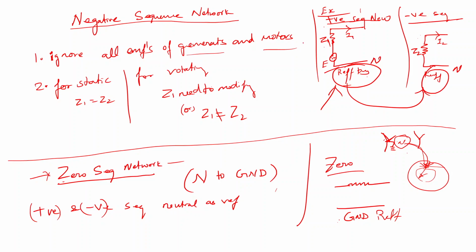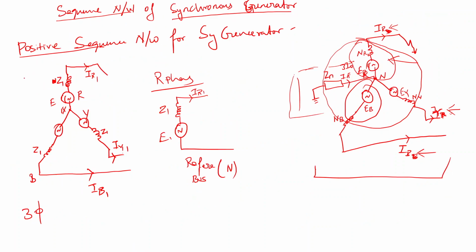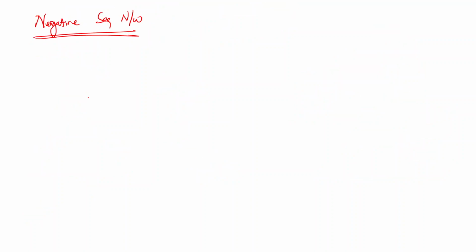So where is the EMF here? This is the positive sequence network for the synchronous generator. Can I remove this EMF here? One EMF is there, one EMF is there, and here also one EMF. So I can eliminate these three EMFs, and then draw my values. So what will happen? I will get only Z2.